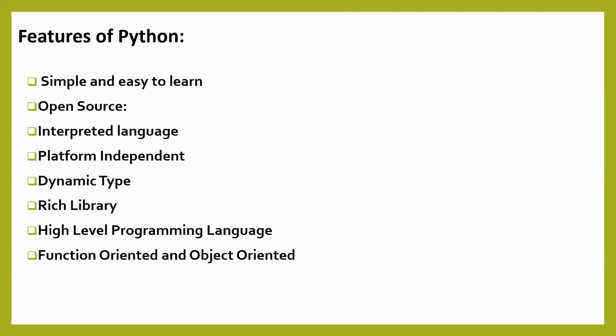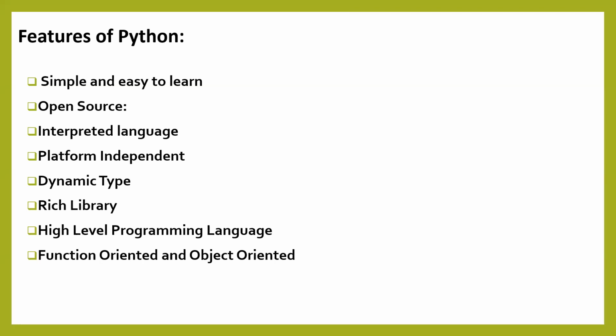It means if you want to download Python IDE or Python IDLE, you need not pay a single paisa. Simply search Google for Python download, then you will be redirected to the website and you can download from there. So you need not pay anything.